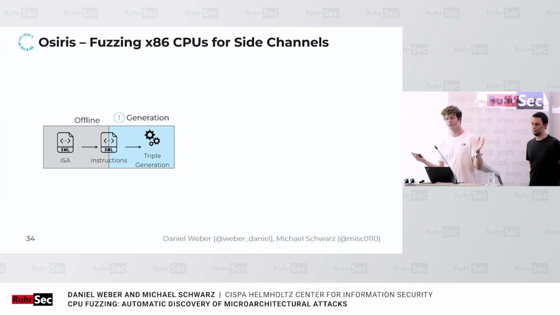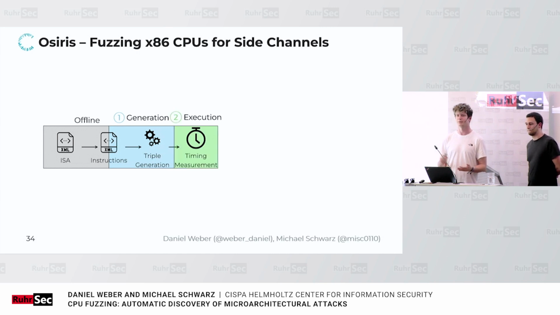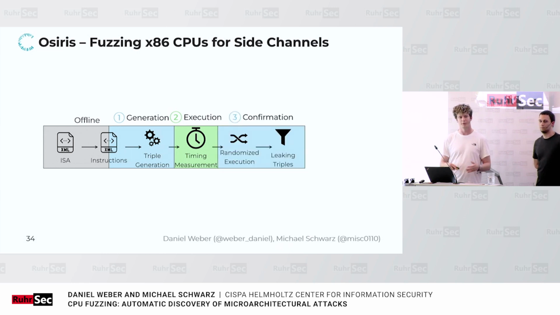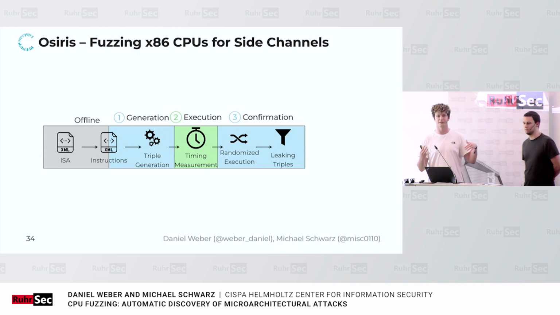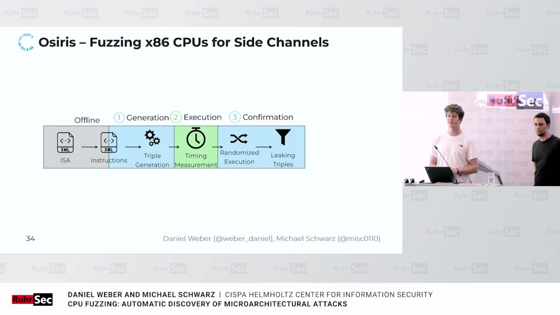So we just take always 3 of them, take all permutations. Okay, so far so good. Then we just execute them, and we do so in exactly the same manner we've seen on the previous slide. So we just test whether they obey our definition of a side channel or not. Well, if they do, then there are still these noisy things going on in a CPU. So we just try that all over again, re-randomize our execution patterns a little bit.